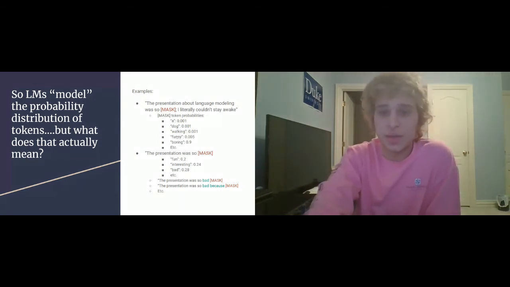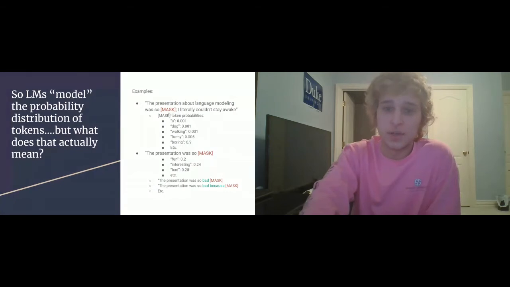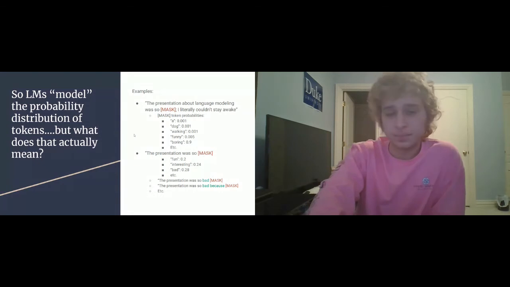If the language model is good, it'll assign low probability to words or tokens that don't fit this sentence well. But based on the last part of the sentence, "I literally couldn't stay awake," the language model might understand that the word "boring" would be pretty reasonable to place there.